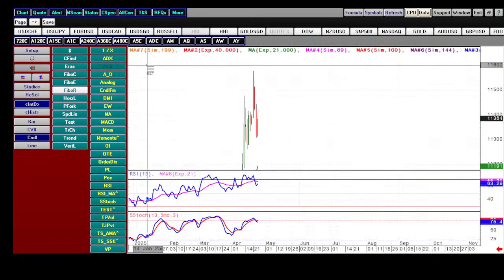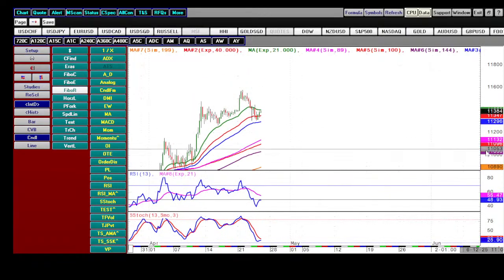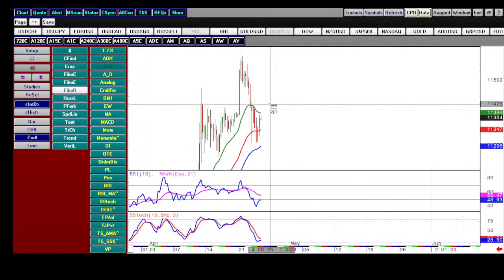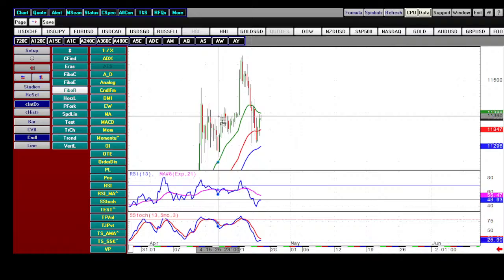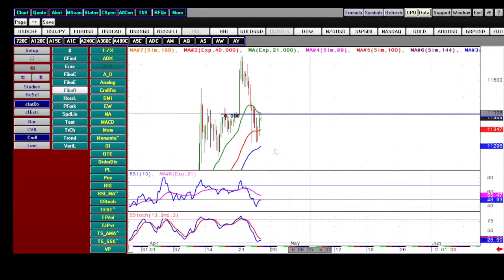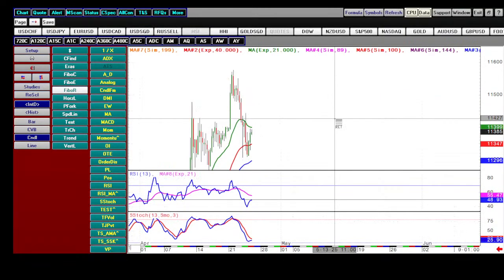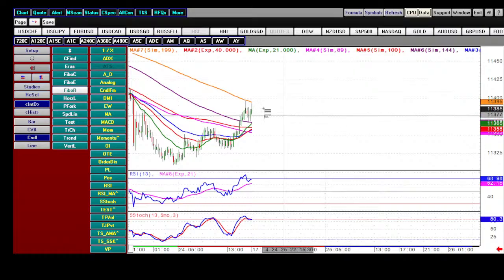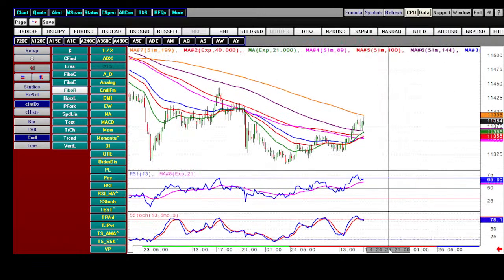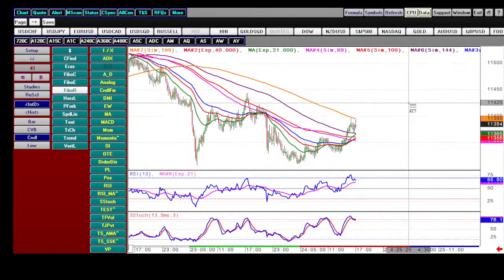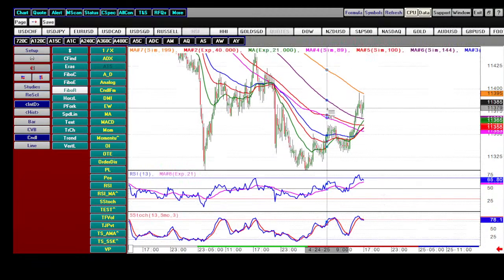So we have two levels to pay attention to. So as of now, we should be able to see the price either touching 11440 and turn down, or if we have further strength, we should be able to see 11480 or 90. As of now, the market is showing some strength. So what we will do is, we will try to go in two trades.